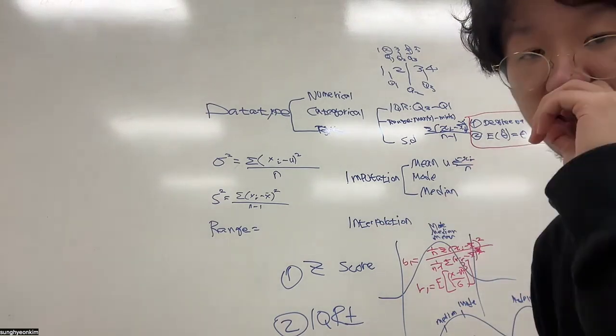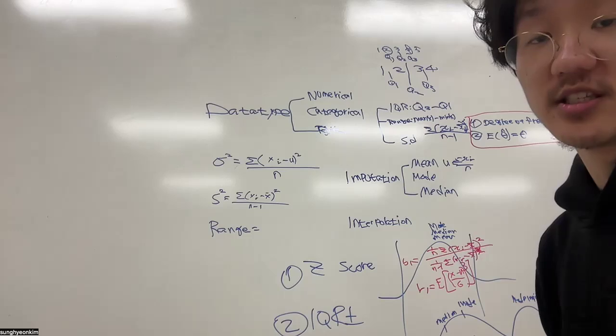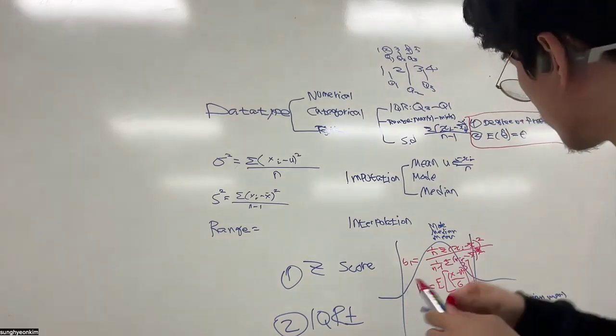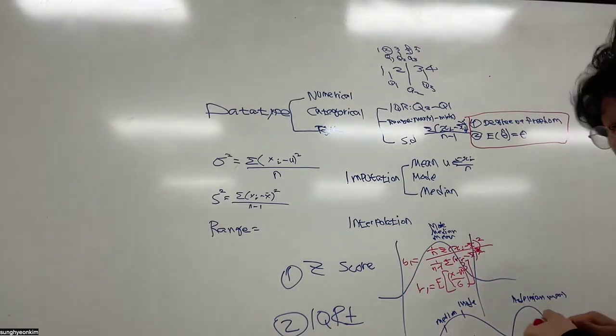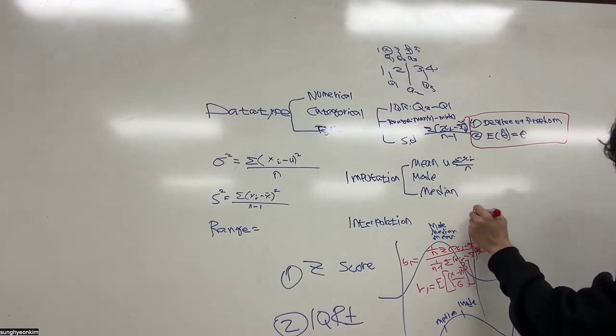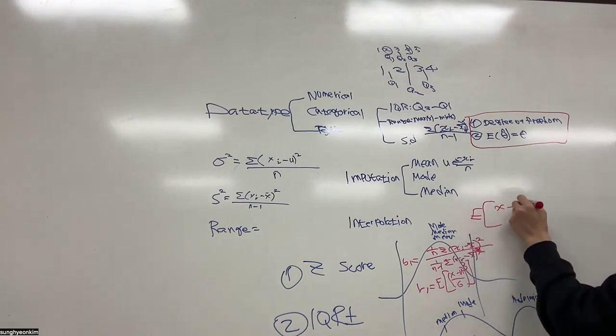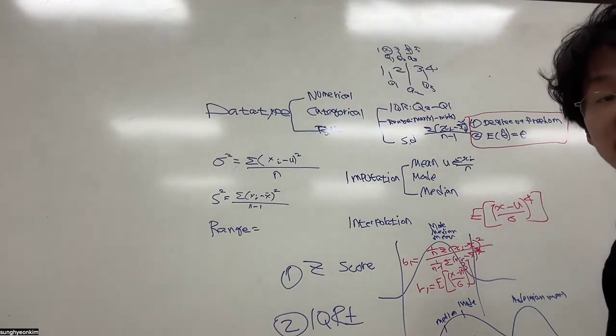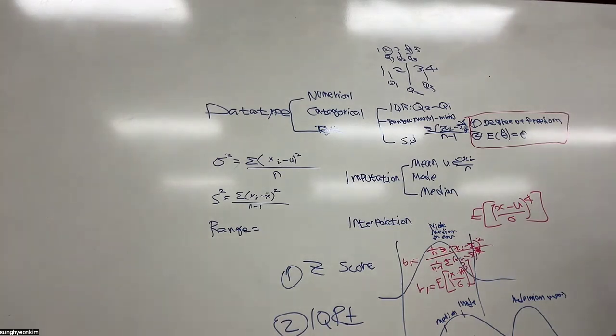And for kurtosis, it is about how thick the tails are compared to a normal distribution. We use the expectation value of x minus mu over sigma to the 4th. And for excess kurtosis, we call it Fisher kurtosis.